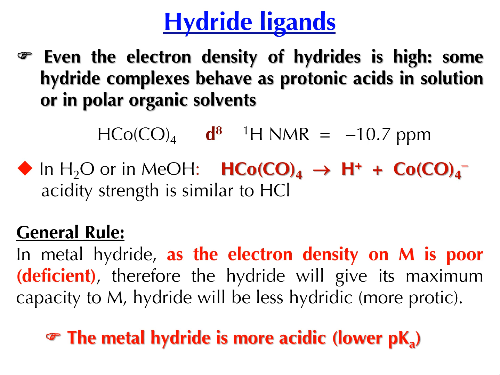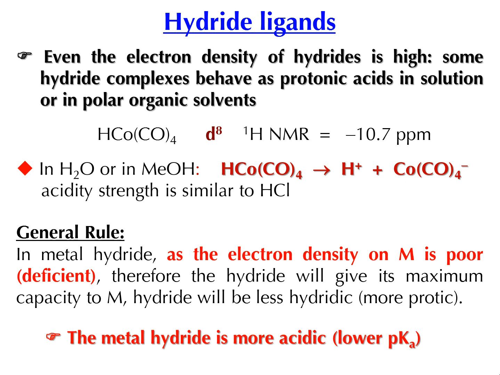When the electron density on M is poor, we would not have repulsion of electron density of M to the hydride, and in this case, since the metal center is poor in electrons, the hydride will give its maximum capacity to M. So the hydride will be less hydridic.